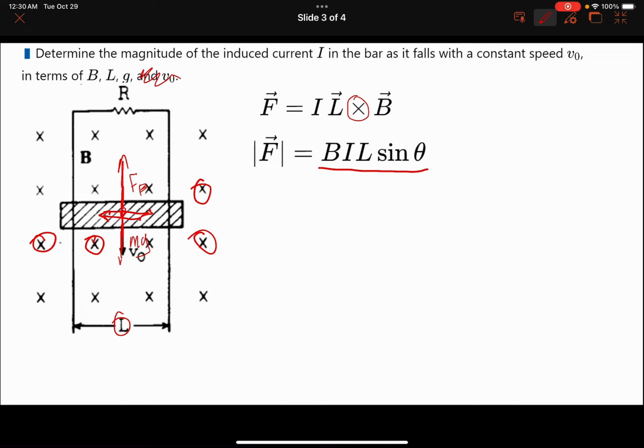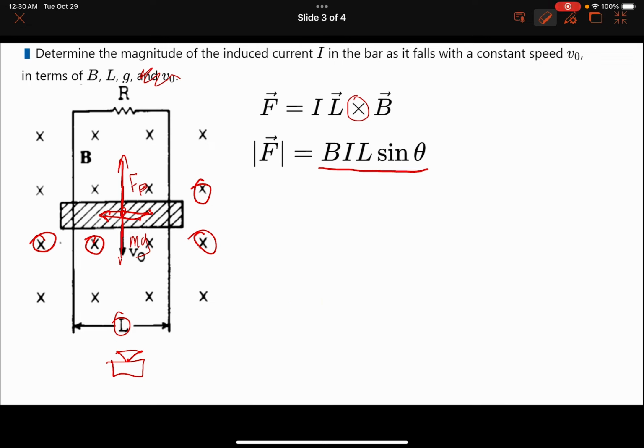But no matter what the direction of that current inside of that bar is, it's always going to be perpendicular. If your camera was here, you'd have magnetic fields pointing down and a current pointing either this way or this way. No matter what, they're going to be perpendicular.